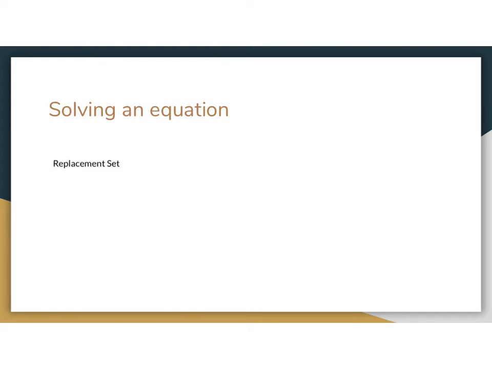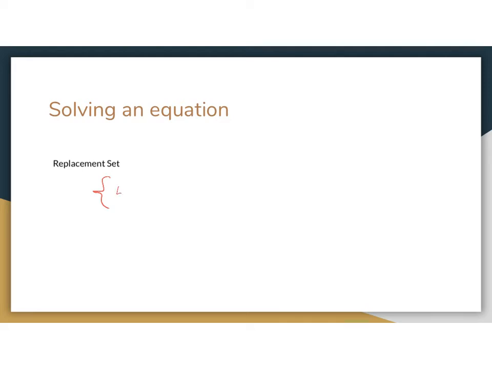Next, I want to briefly touch on what is called a replacement set. So a replacement set is a set of numbers for which replacements for a variable may be chosen. And first, what is a set? A set is a collection of objects or numbers that is shown using braces. And braces is a fancy math term for the squiggly bracket.